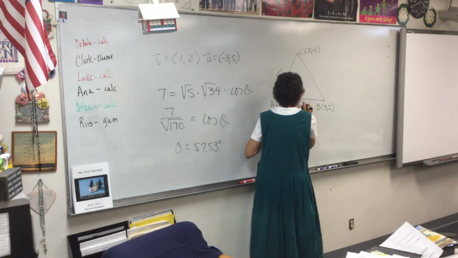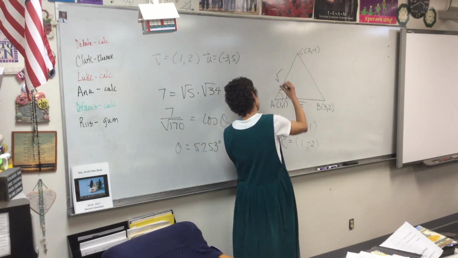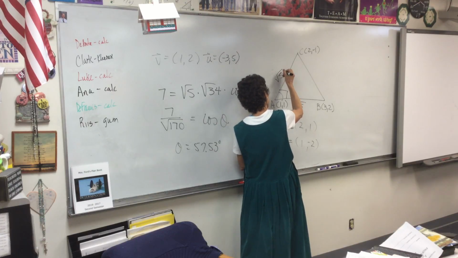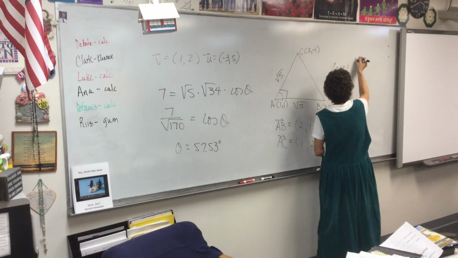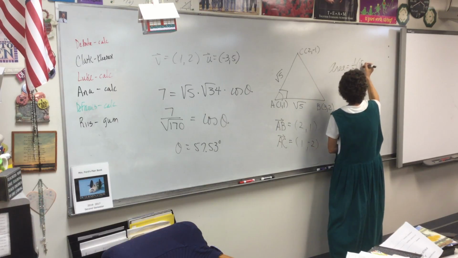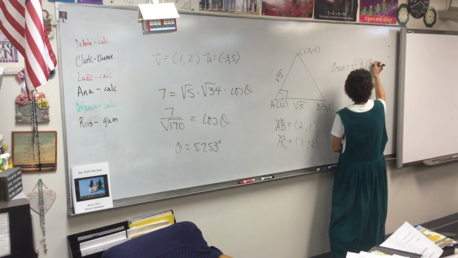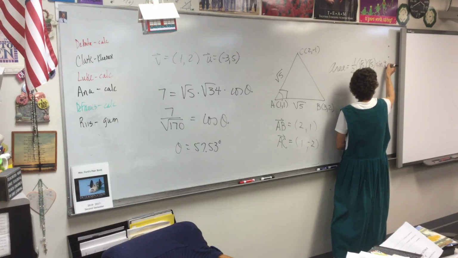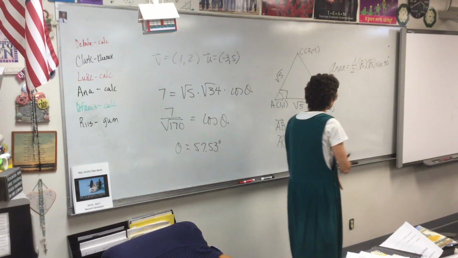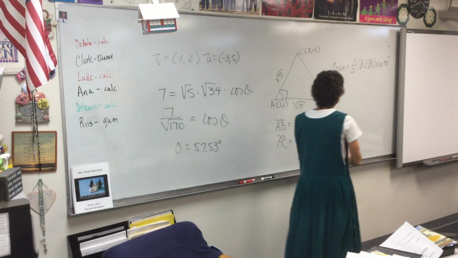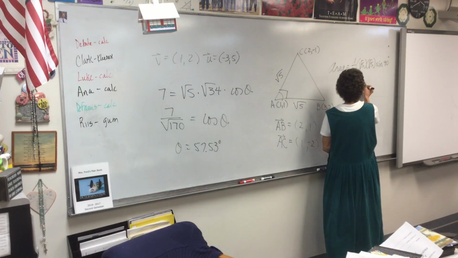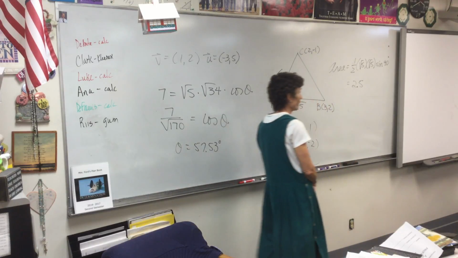Root 5. What's the magnitude of this vector? Root 5. So what's the area of the triangle? 1/2 root 5 times root 5 times sine 90. And I think that's just going to be 2.5. Double check that.